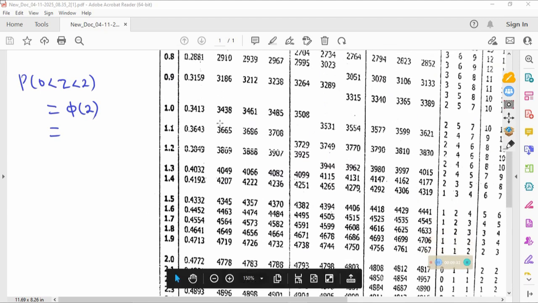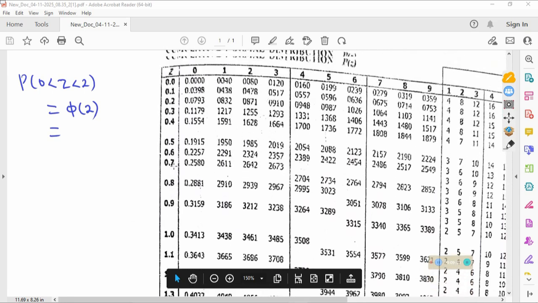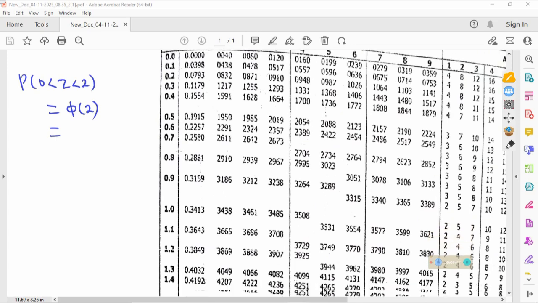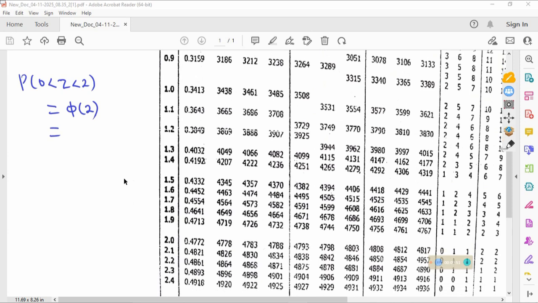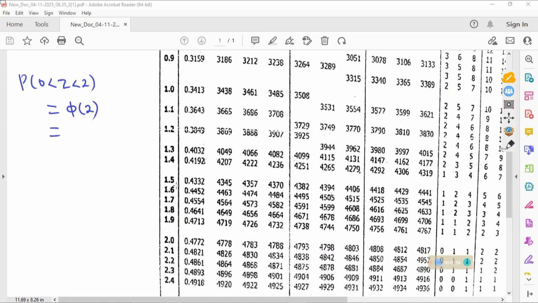So this is 2, but it is given as 2.0. The first column here represents the values of 0, meaning that this 2 is like 2.00. So you will take the value in the first column because we need 2. So 2.0, then the first column is for 0.